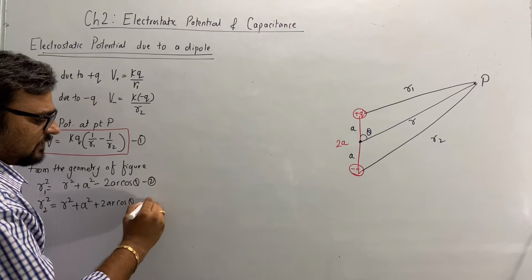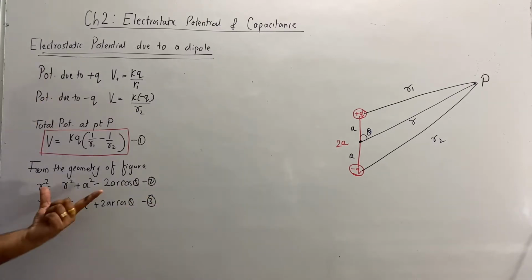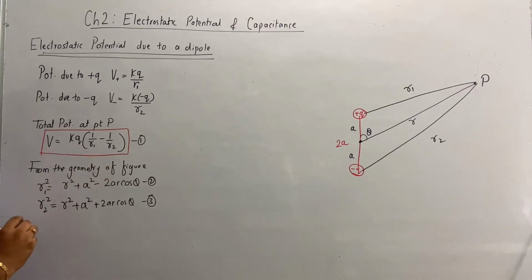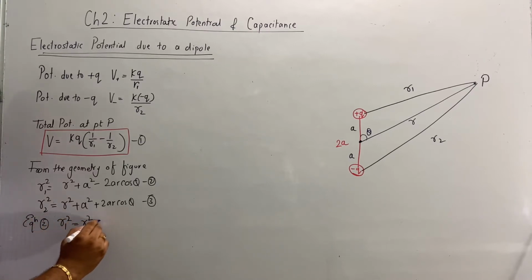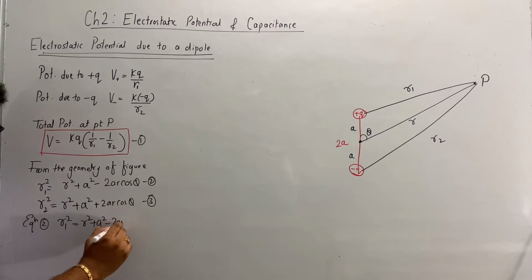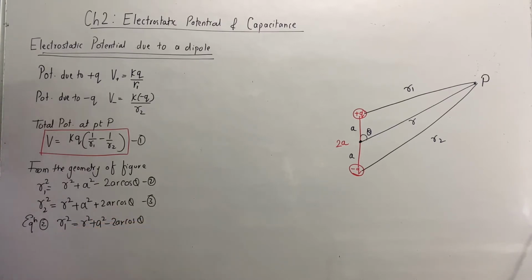Now we will take only one equation and solve it completely to find out 1 by R1. Similarly, we'll find out 1 by R2. So equation 2: R1 square equals R square plus A square minus 2AR cos theta. Now let's take R square common.